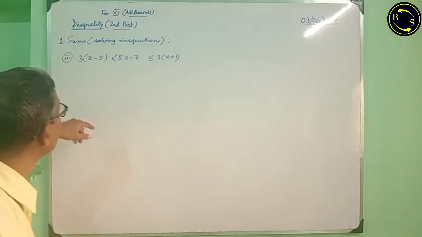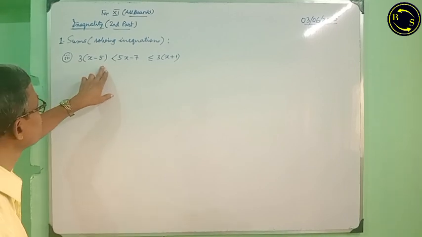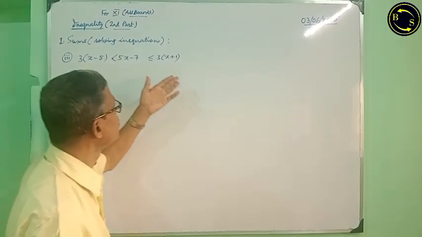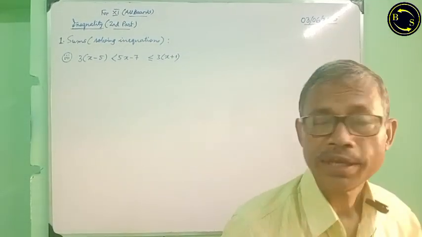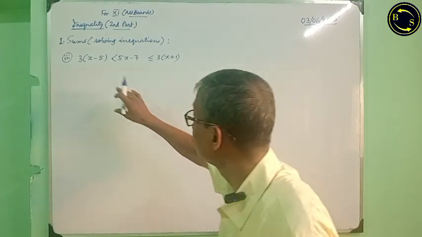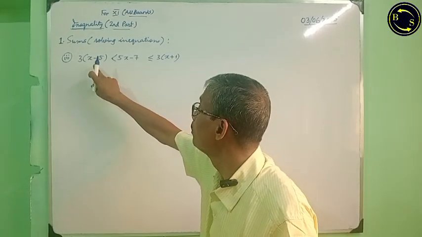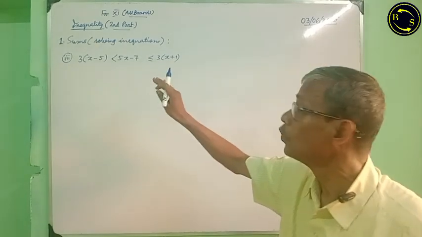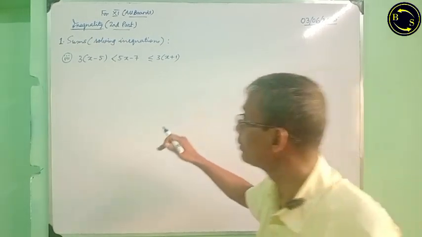Next sum, 3 within brackets x minus 5 less than 5x minus 7 less than or equal to 3 within brackets x plus 1. We see this inequation has 3 parts, first, second and third part, and we proceed in this manner.